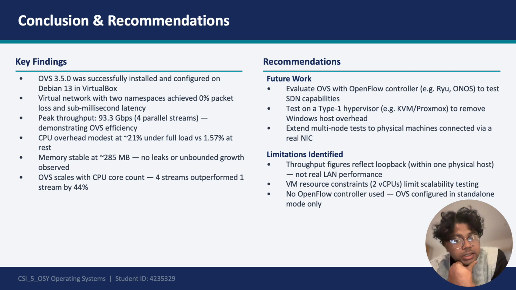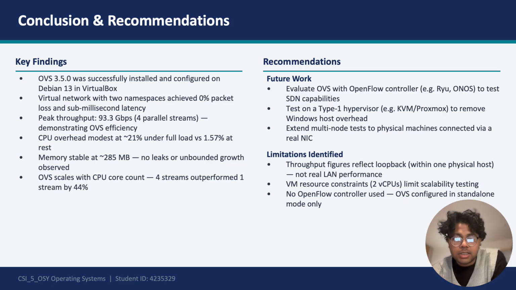To summarize the key findings, Open vSwitch 3.5.0 was successfully installed and configured from scratch on Debian 13 running in VirtualBox. The virtual network I built, with 2 Linux namespaces connected through an OVS bridge, achieved 0% packet loss and sub-millisecond latency.